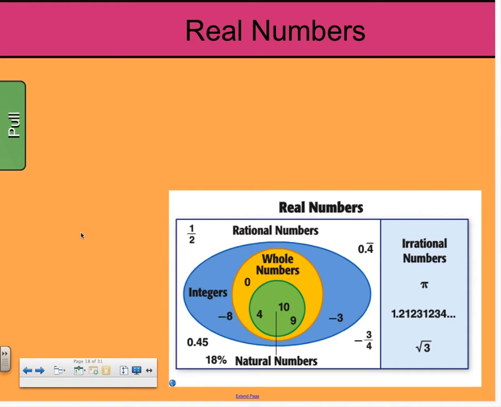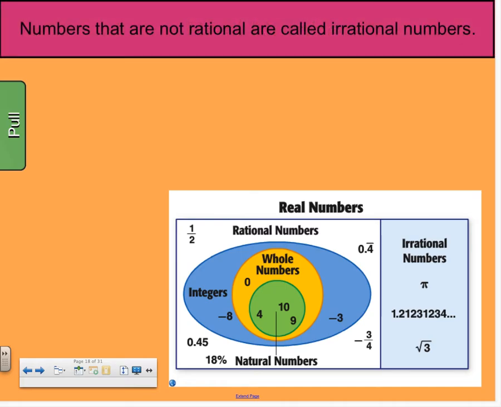Now remember, real numbers, there's two types, okay? There's rational and irrational. Anything that is not a rational number is called an irrational number. Now, we want to remind ourselves what is the difference between rational and irrational. Well, there's two things we need to look for.